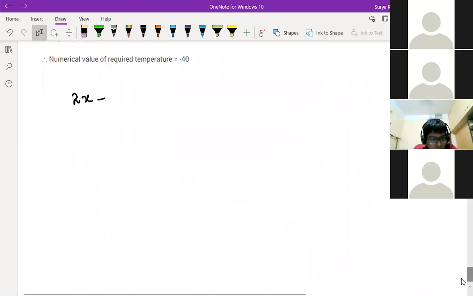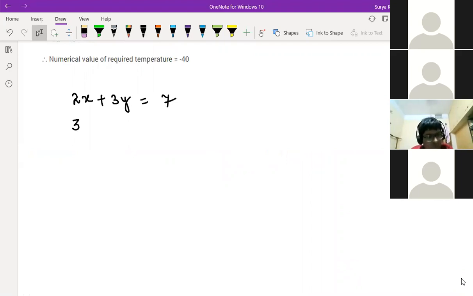Okay, sir. 2x plus 3y is equal to 7, and 3x minus 2y is equal to 4.